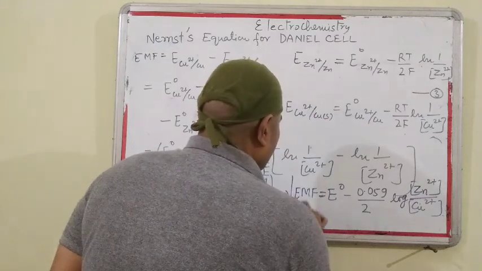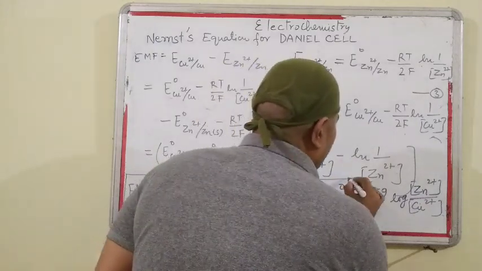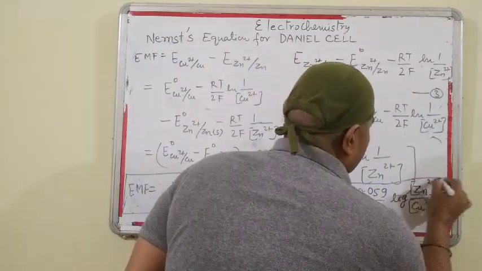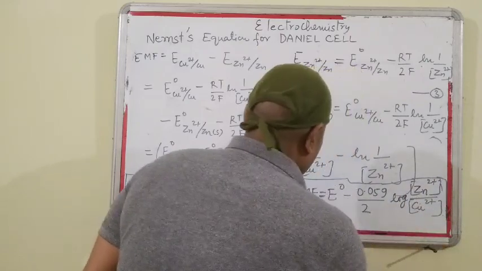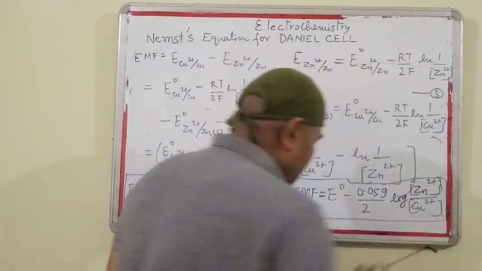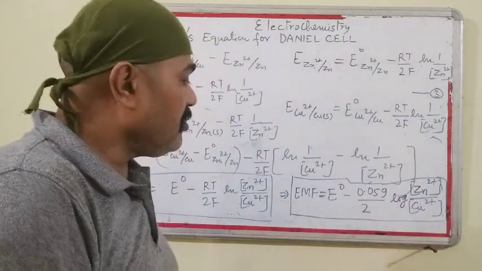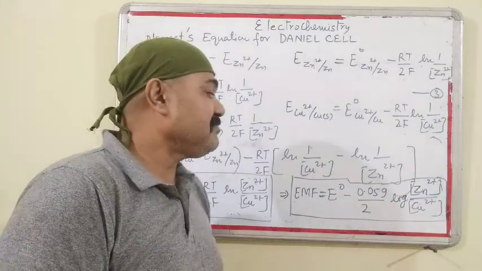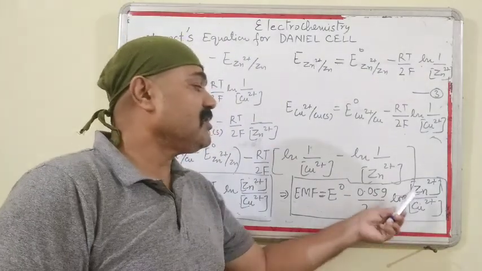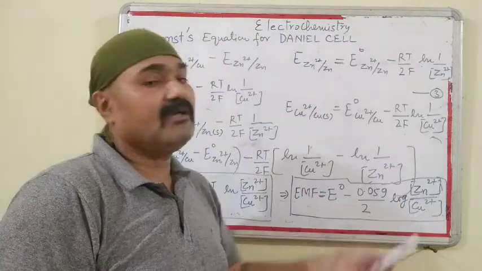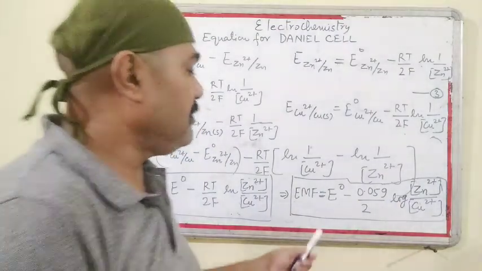This equation we can use for solving numericals related to different molar concentrations of zinc ions and copper ions in the Daniell cell.